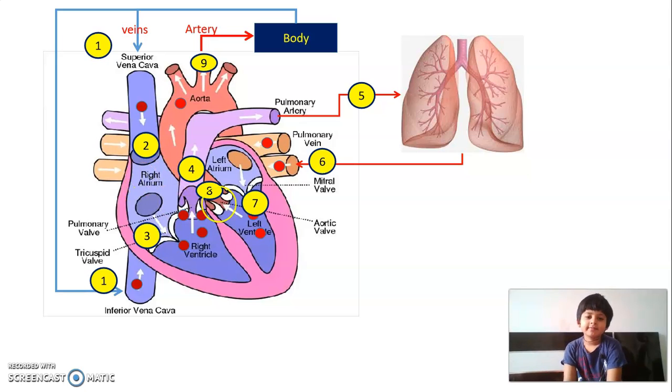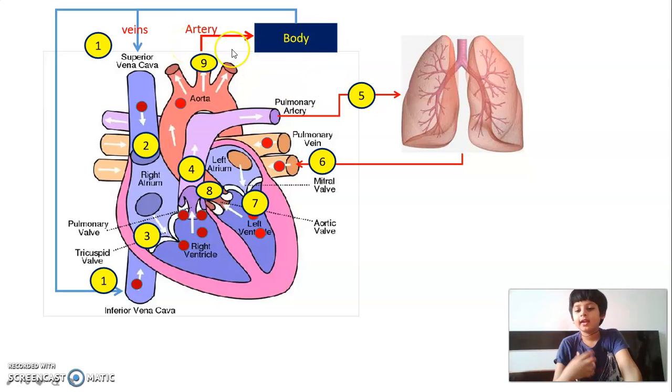Then comes step 9. All the fresh blood is in the aorta. Then it enters the arteries and goes into the body. The whole body will get this fresh blood, and the cells will have energy. Then they kick out the dirty blood, and it goes into the inferior vena cava or superior vena cava again.